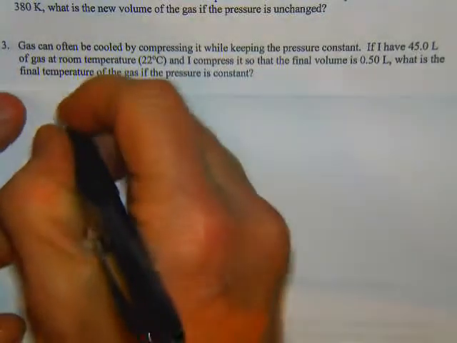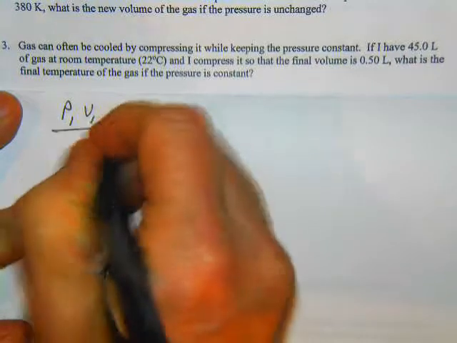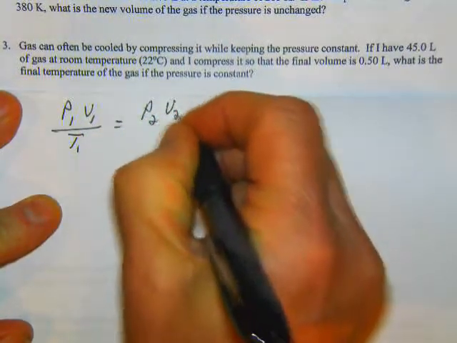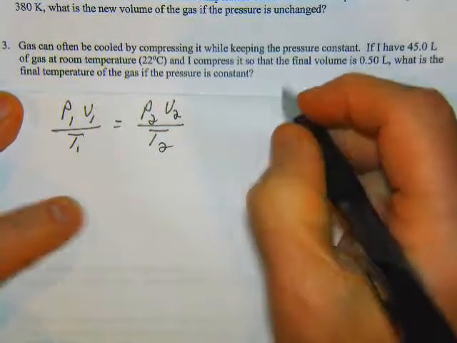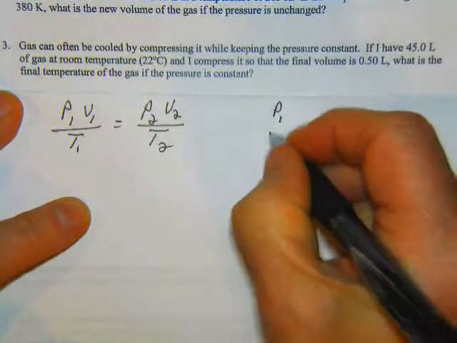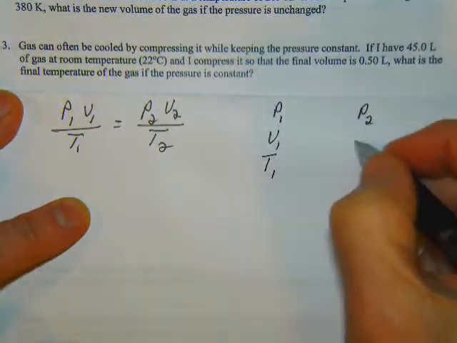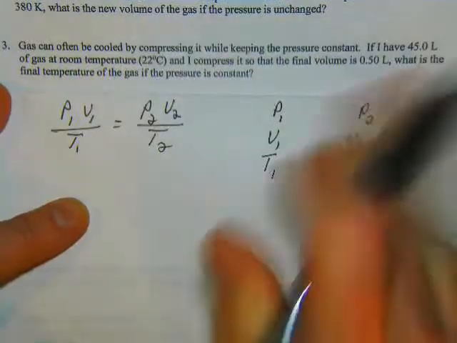Again, we know P1 V1 all over T1 equals P2 V2 over T2. I'm going to write it out. I know it's a little long, but get into the good habit.